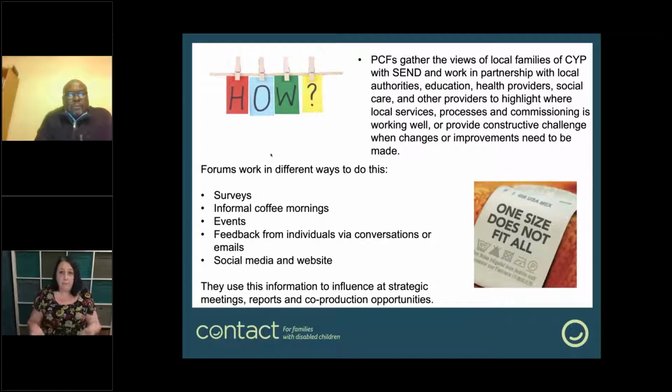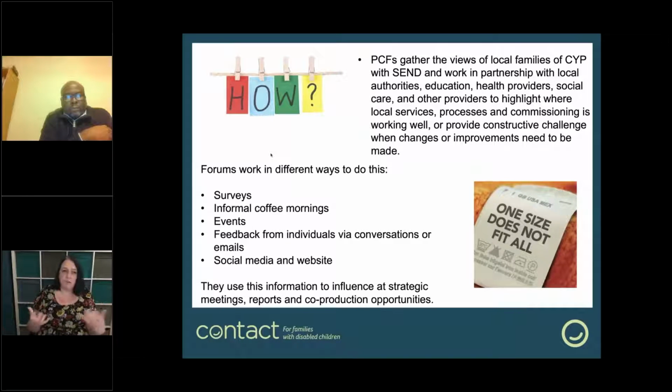So if you become a member of your forum, you take part in a survey, or you take part in providing feedback at an event, what we would reassure you is that that would be handled sensitively. We would not share any information that would identify you, and all of that would be stored in a way that was legally compliant.